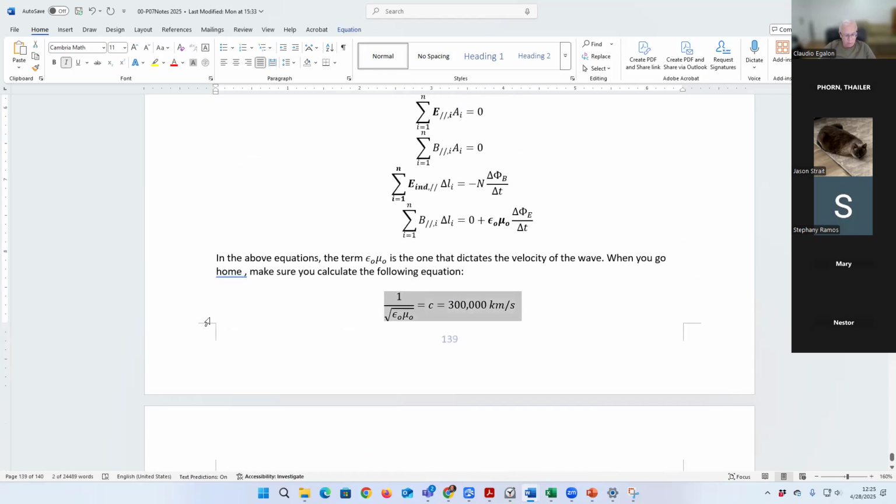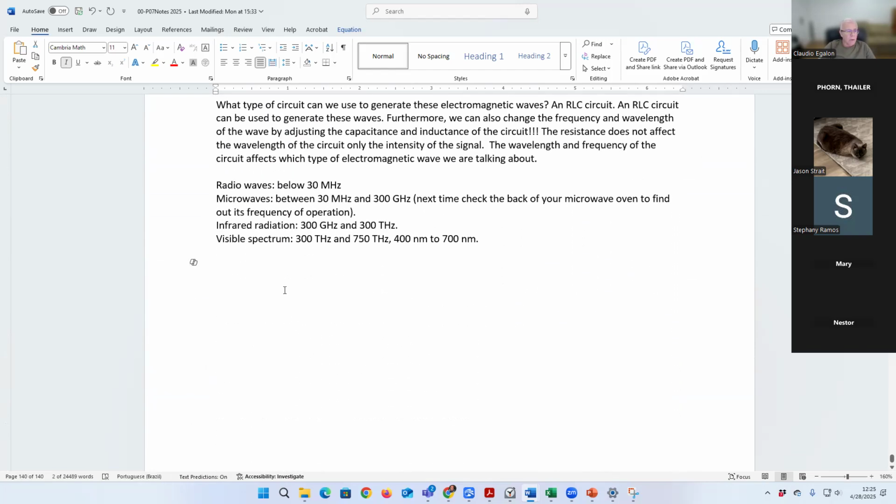Here you go. Do you remember that? Lambda, the wavelength, divided by the period of your wave is equal to the velocity of the wave. But this equation can be rewritten in a different way as well.